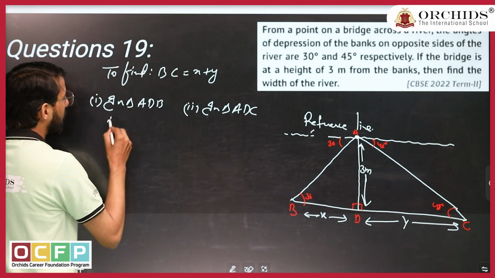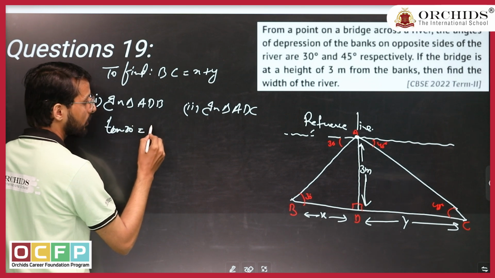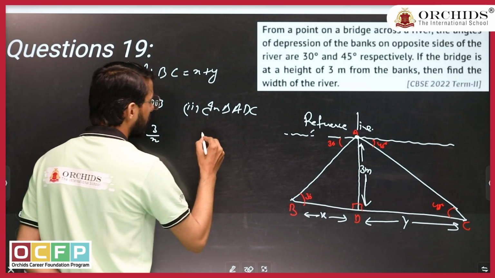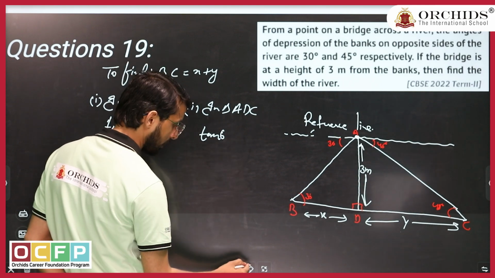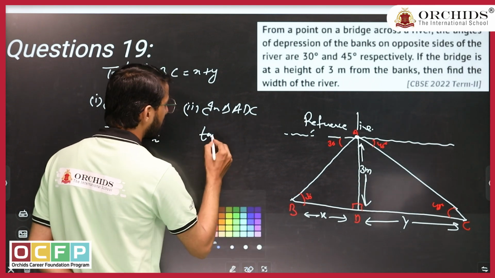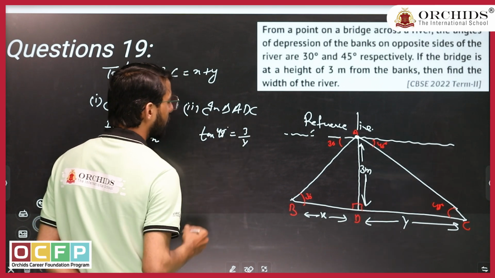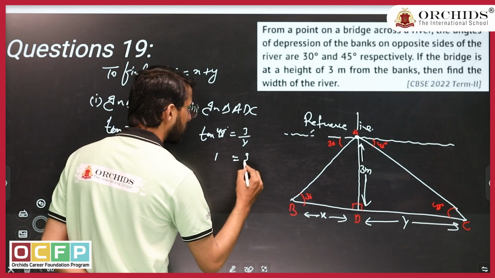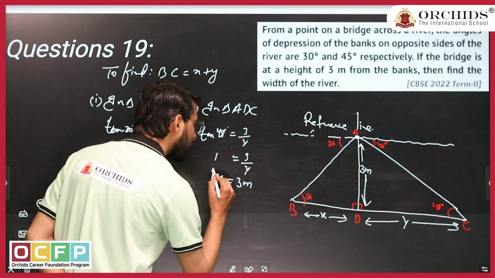Again I will apply tan. Tan 30 degree is equal to 3 by x. Here I am going to apply tan 45 degree, they have given us 45. So tan 45 degree is equal to 3 by y. Tan 45 is 1, so 3 by y, so y value you got as 3 meter.